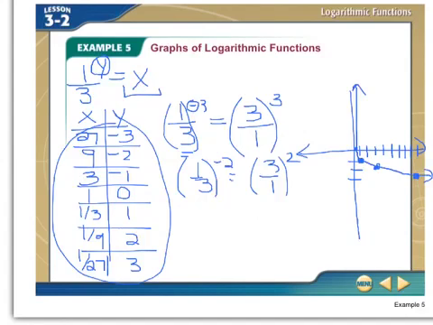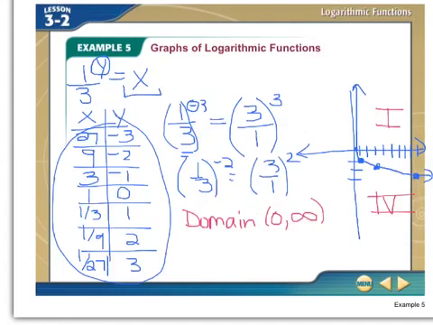Again, we're in quadrants 1 and 4. And what I want to do here is analyze this function. So first of all, what is our domain? Well, since we're in quadrants 1 and 4, our domain is going to be 0 to infinity, not including 0.